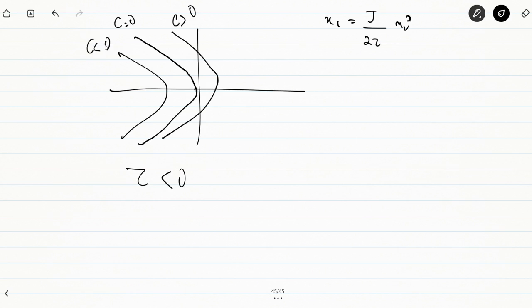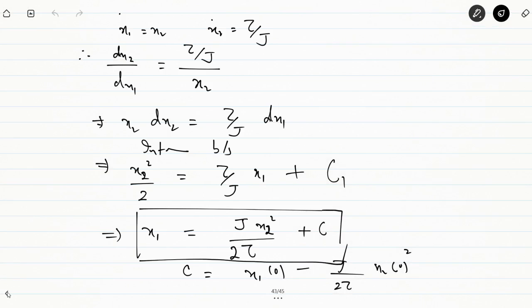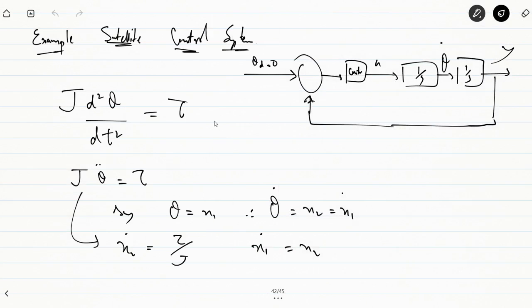J d square theta by dt square equal to torque tau. This is for a satellite control system where we are plotting the equation of motion. And it's in space, so we can assume it's a frictionless environment. You have no viscous friction, you have no spring constant here, nothing like that.